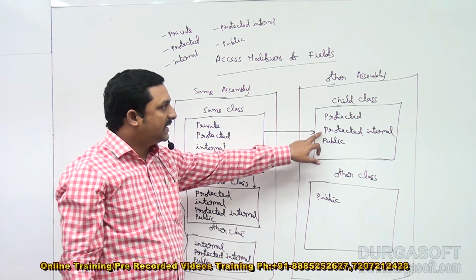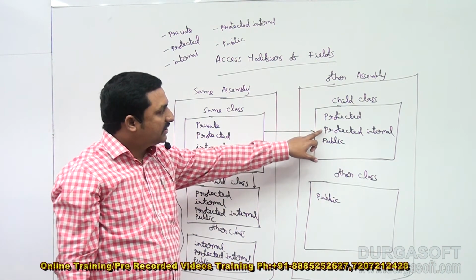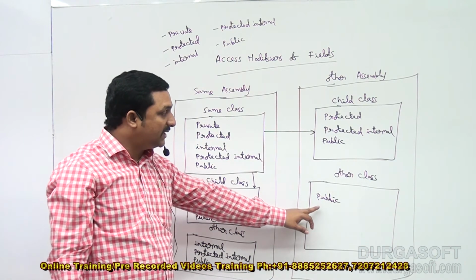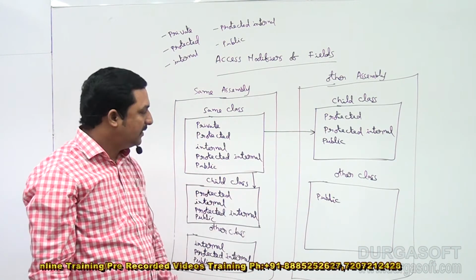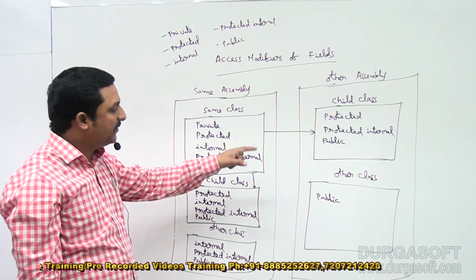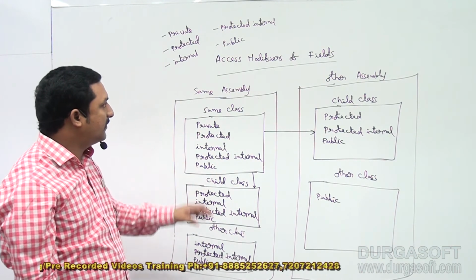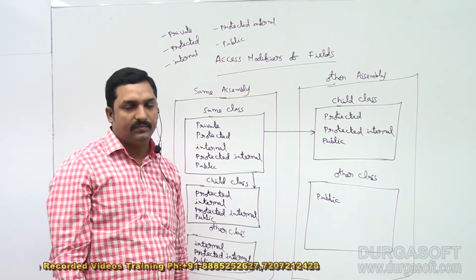Protected internal is accessible in the child class at the other assembly also, but not accessible in the other class of the other assembly. Public is accessible everywhere. These are all the 5 access modifiers we have understood for fields.